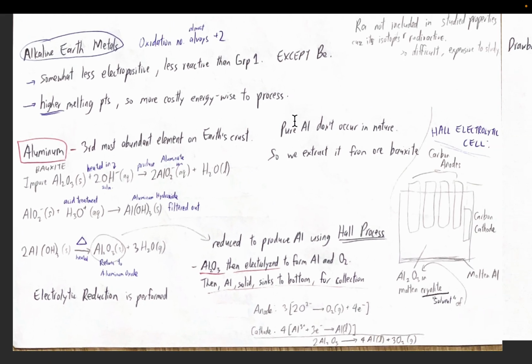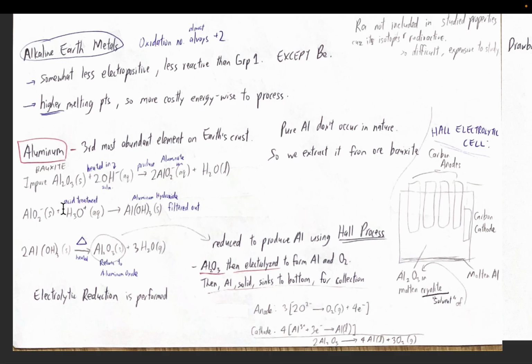So, it is important to know that pure aluminum doesn't occur in nature. Therefore, we have to extract it from our bauxite. Bauxite, I've already mentioned that earlier. So it contains something that we need to know, that is Al2O3. Okay, we've already gone through this equation.